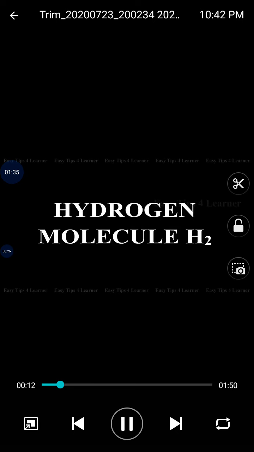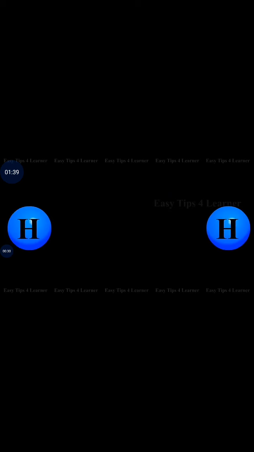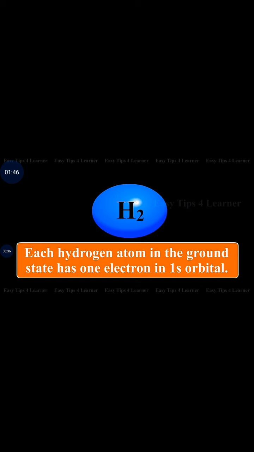Now let's see about the hydrogen molecule. Two hydrogen atoms are uniting together, they give a hydrogen molecule, and they are having one electron in their 1s orbital.